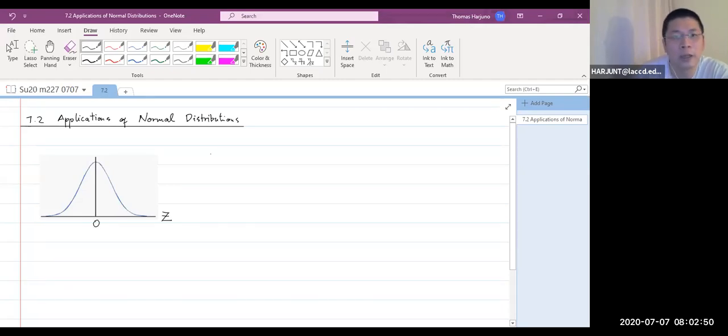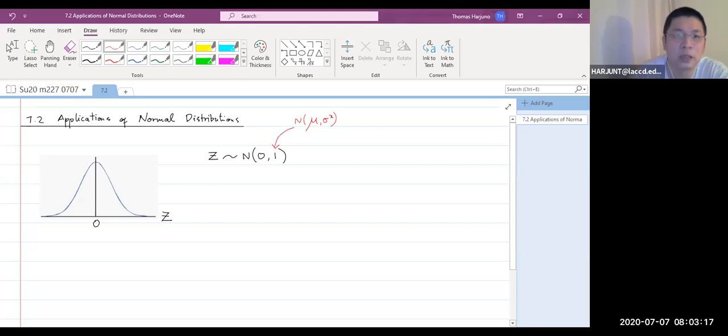This Z as a random variable is normally distributed with mean 0 and variance 1. Again, don't forget there could be some confusion later on: the second place in the normal distribution notation is the variance.